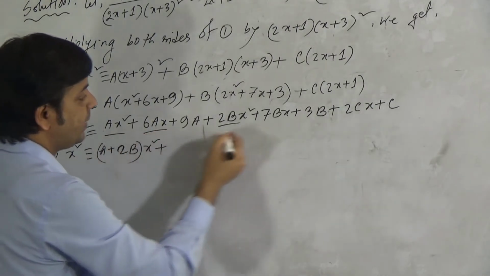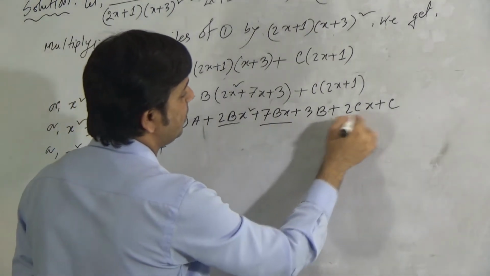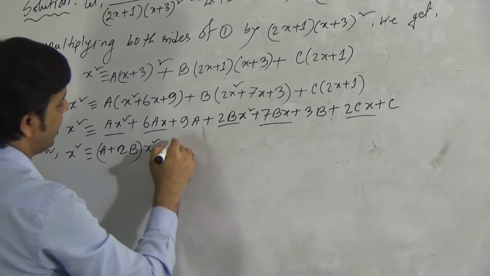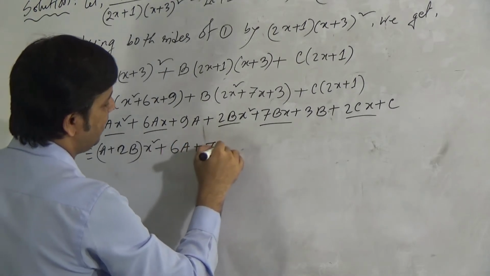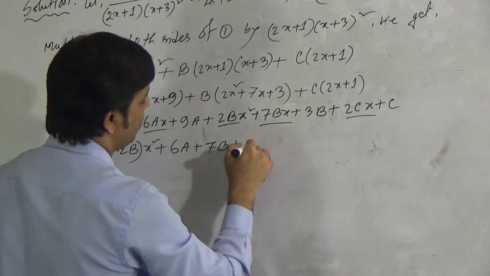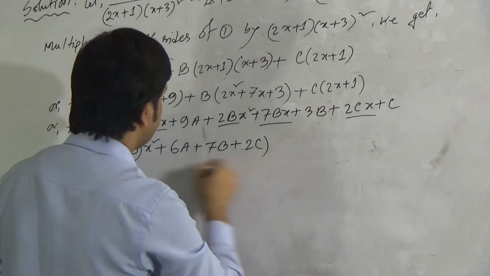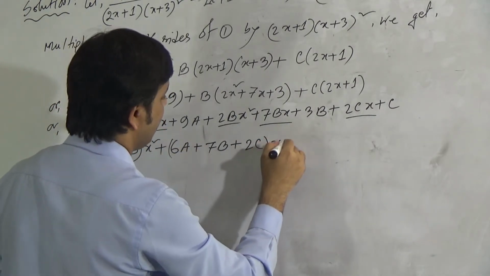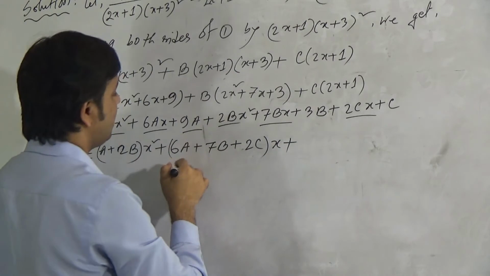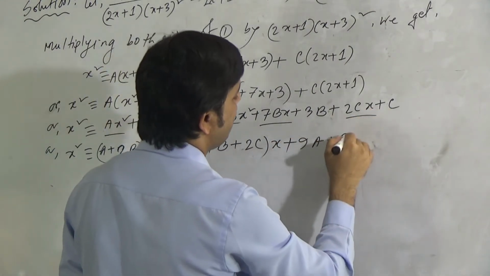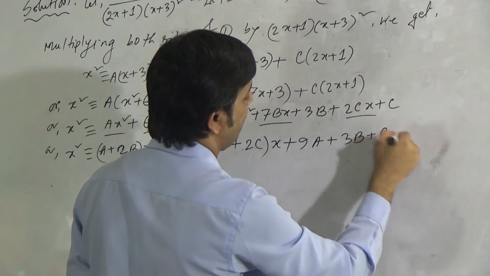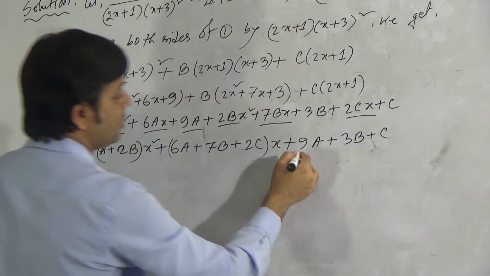Then 6ax, 7bx, 2cx: from these 3 terms we can take x as common. We will get here 6a plus 7b plus 2c, into x plus. Now constant terms are 9a plus 3b plus c. So this is our constant term now.